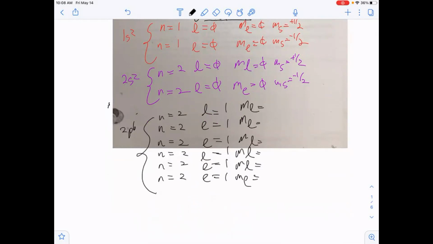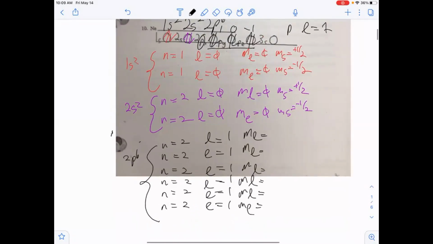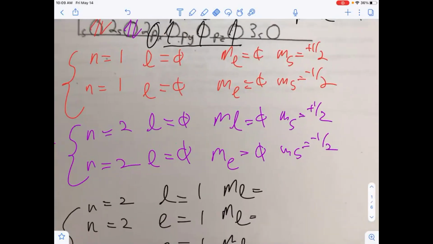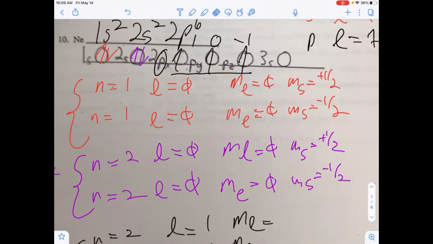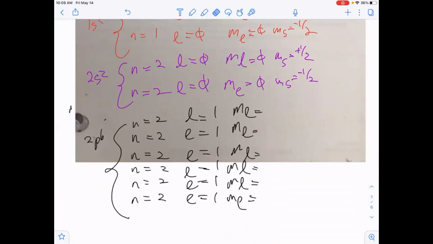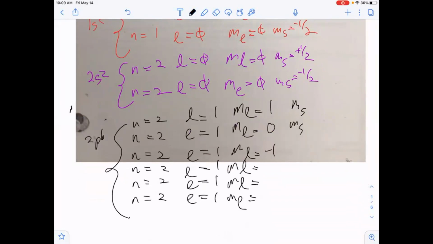Two of each. Now, how you fill them up, it doesn't matter. So usually it's just easier to follow a pattern. For me, you put 1 in each before you double them up. So me personally, I like to go 1, 0, -1, and I put them all spin up.